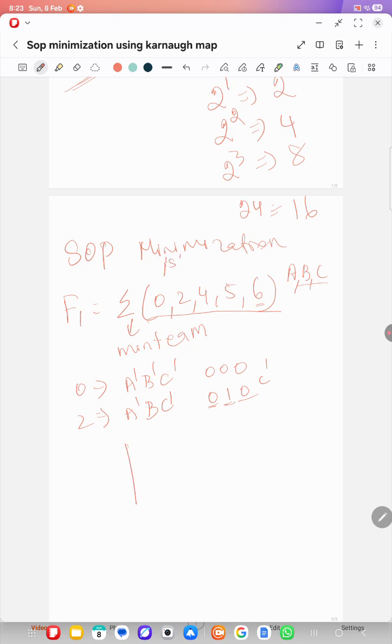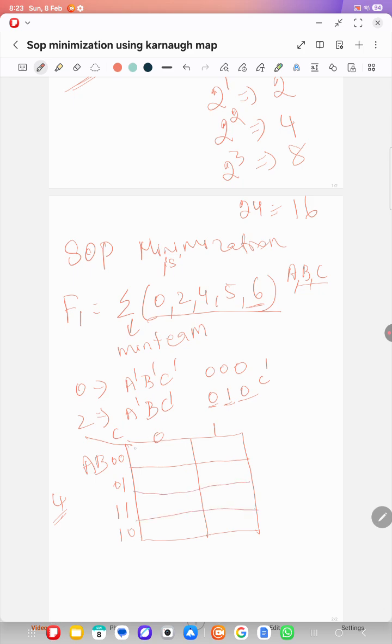So let me draw the Karnaugh map first. Here you have 3 variables, so let it be AB and C. Here AB means 4 combinations: 00, 01, 11 and 10. And for C, only 1 variable, so only 0 and 1.